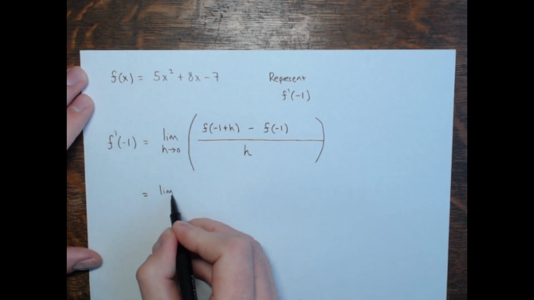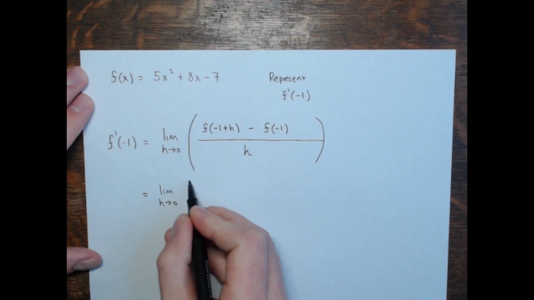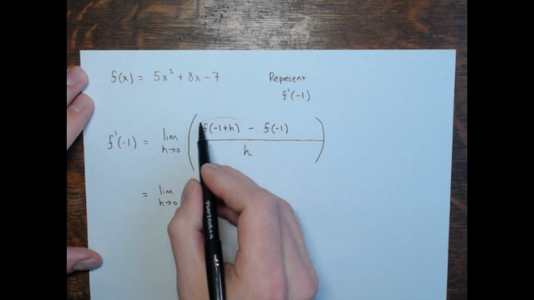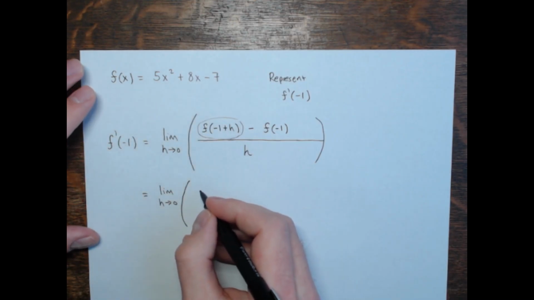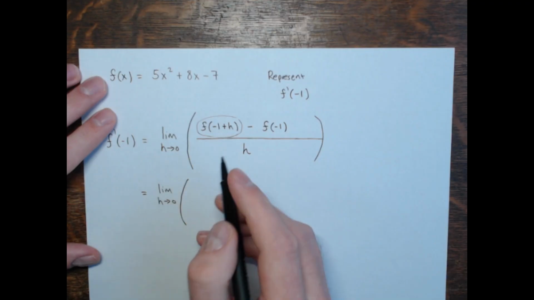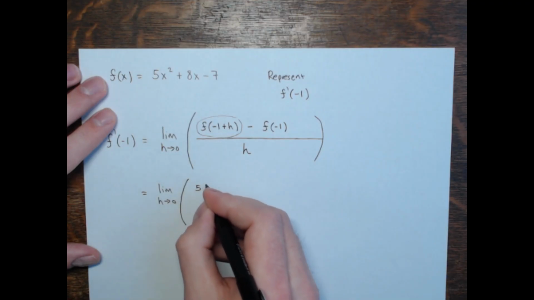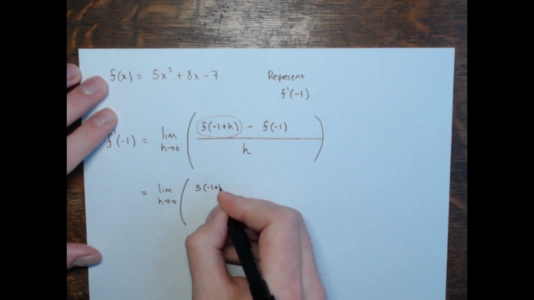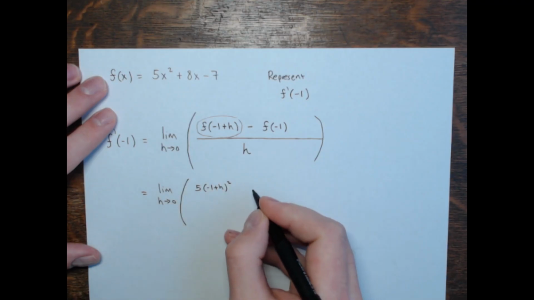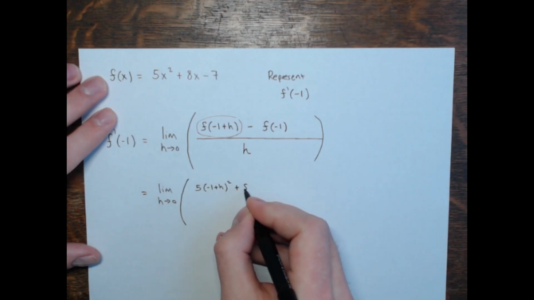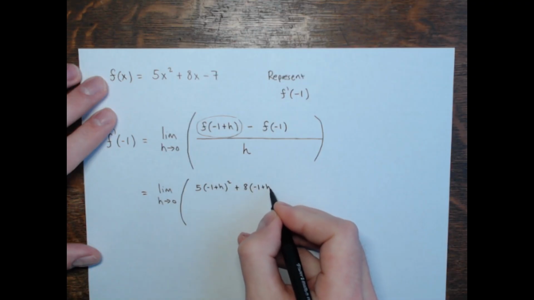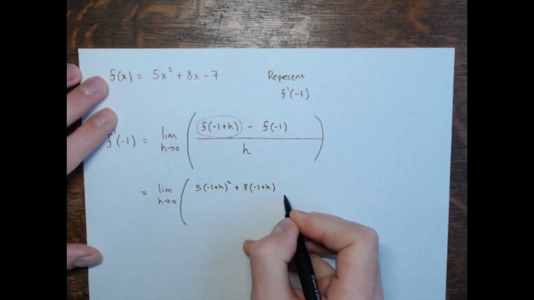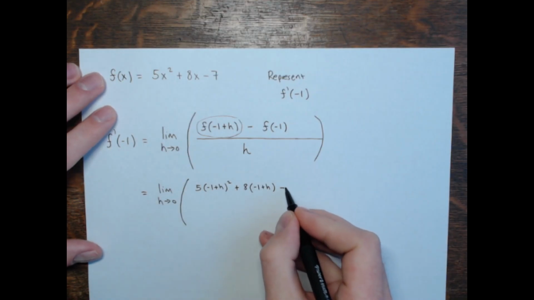Now this is the limit as h approaches 0 of. I'm just going to go through the rule and replace all the x's with -1 plus h. So that's 5 times -1 plus h squared, plus 8 times the quantity -1 plus h, then minus 7.